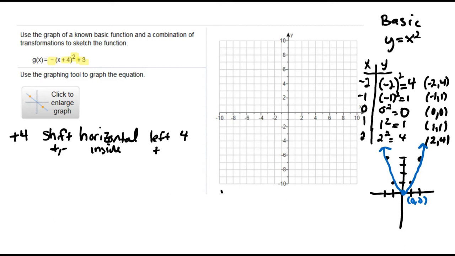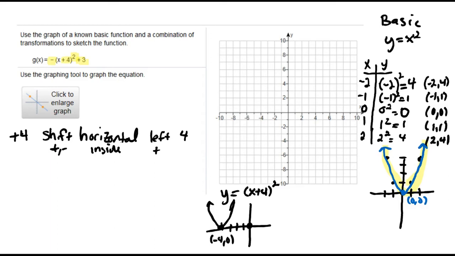So the graph y equals x plus 4 squared will take this graph over here and shift every point to the left 4. So that would give me 1, 2, 3, 4 to the left, be a parabola, and instead of that vertex being at 0, 0, that vertex is now at -4, 0.